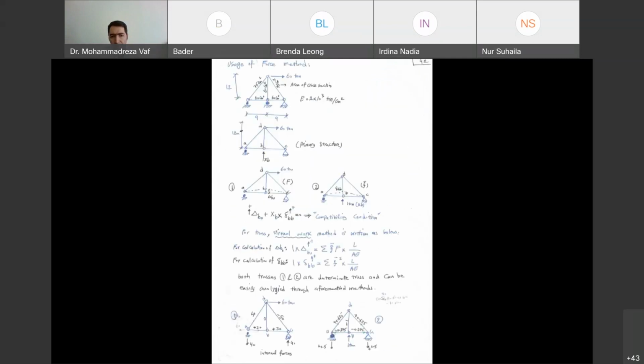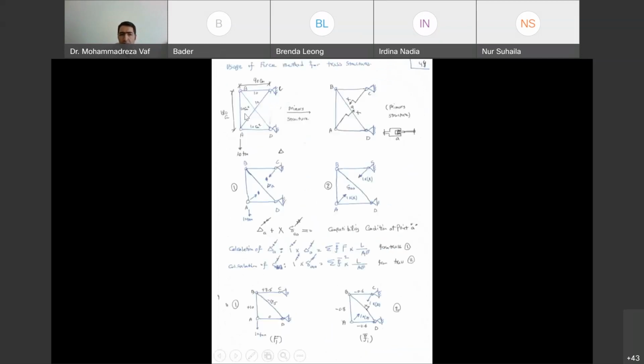Normally in the exam, we tell you which element should be considered to be redundant. But there have been questions in past semesters where we asked the students which element can be removed and considered to be the redundant one, and which element cannot. As I said, the main criterion is that if you remove that element, your structure should remain stable.